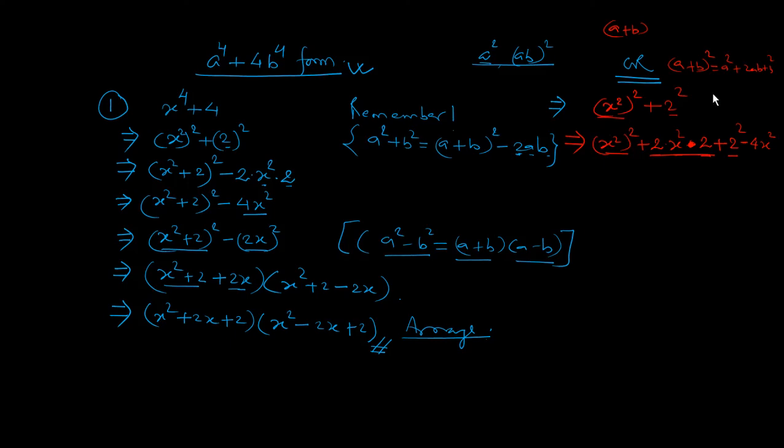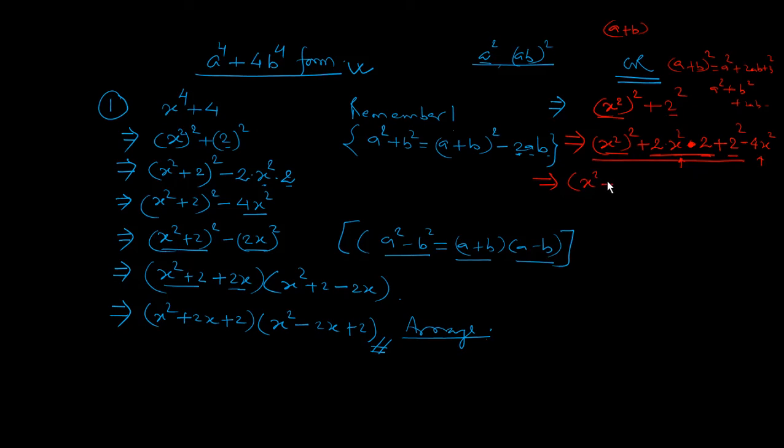Again, I want to revise. Our target is to express a² + b², which is given. This is the a² term and this is the b² term. In the middle we add 2ab, and finally we subtract that 2ab term. So it becomes (x²)² + 2·x²·2 + 2², but since we added this term, we subtract it to keep things the same.